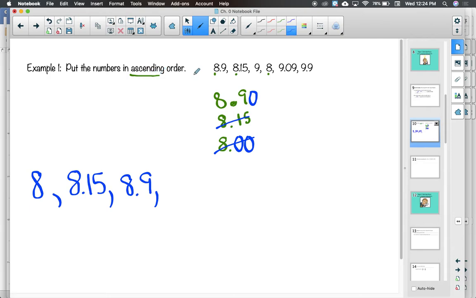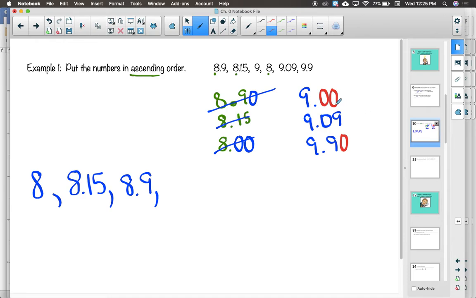So to keep going with my ascending order, now all my whole number 8s are done, so I can move to my 9s. I've got a 9, I've got a 9 and 9/100, and I've got 9 and 9/10. Again, adding my hidden zeros to make them all the same place value. I want to make it as long as my longest number here, so I'm going to go to the 100th place again. I'll add 2 zeros, and I'll add 1 0 down here.